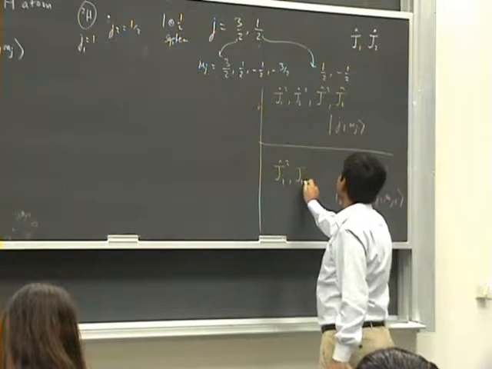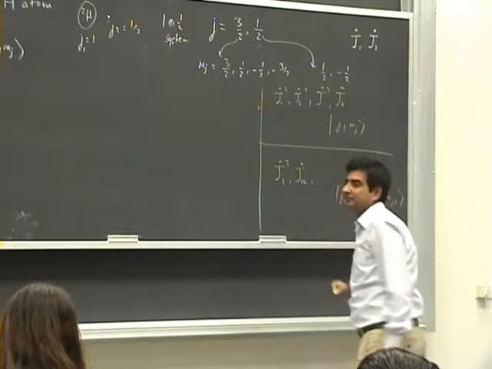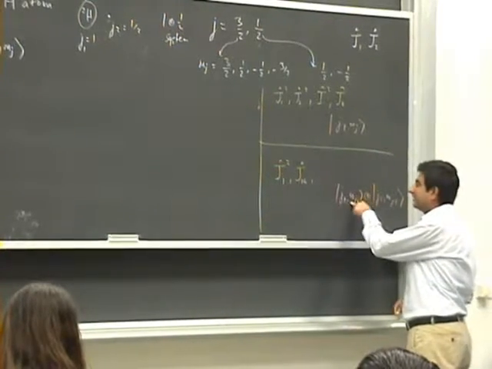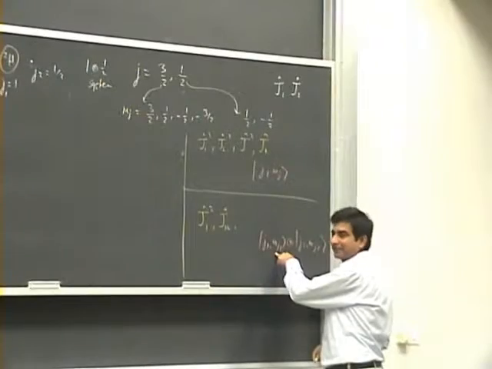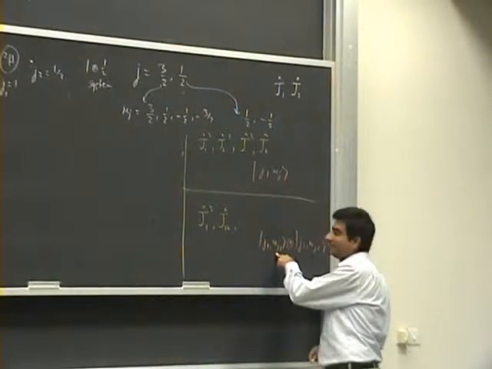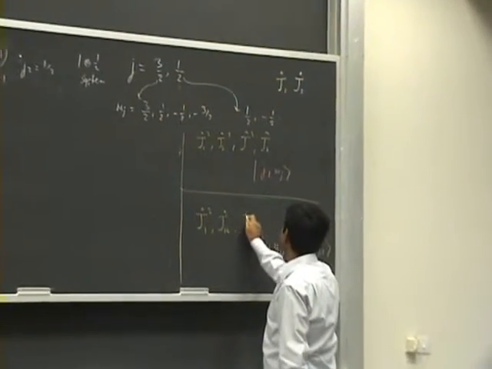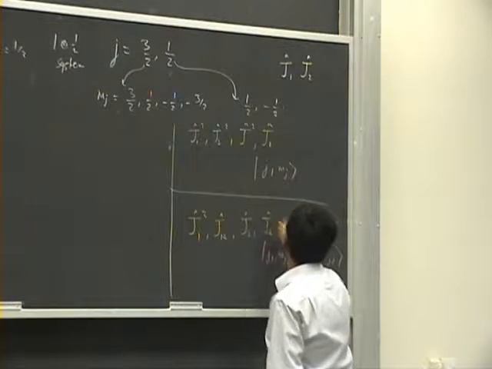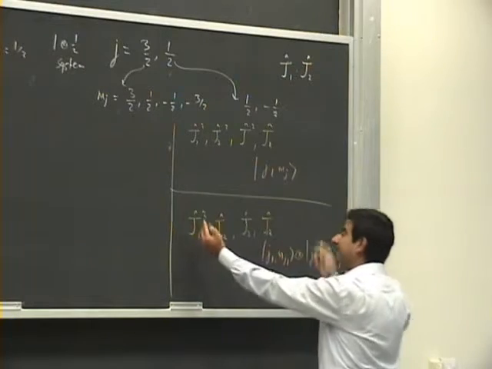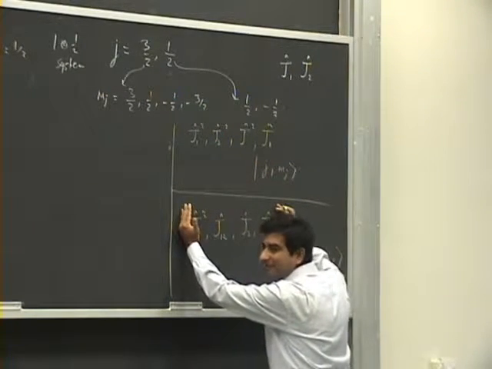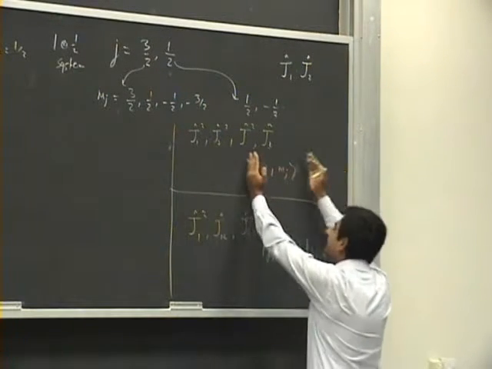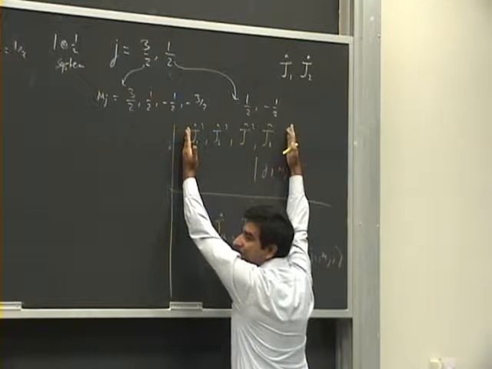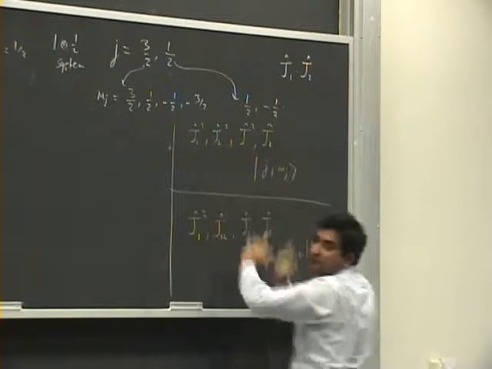It's also an eigenstate of J1z, because I have specified the value, the z component of the angular momentum of the first particle. And these are also eigenstates of J2 squared, J2z. So the direct product states are eigenstates of this mutually compatible set of commuting observables, and the coupled states are eigenstates of this compatible set of commuting observables.